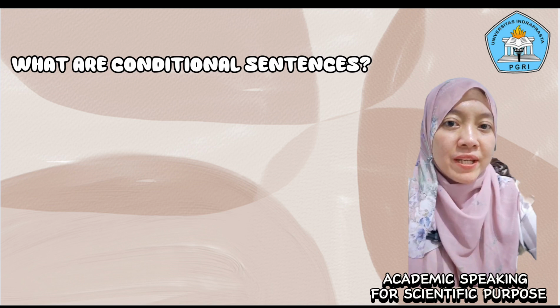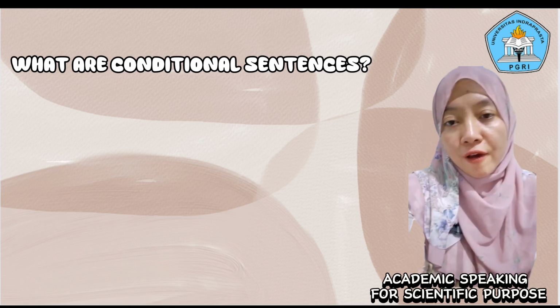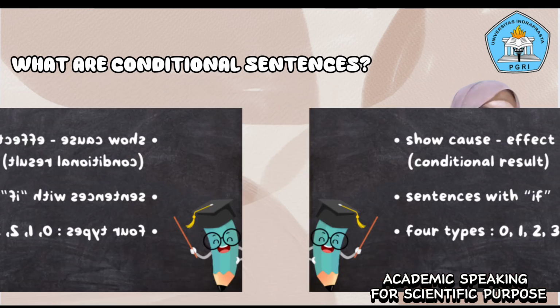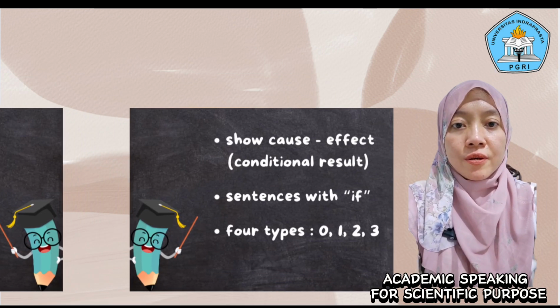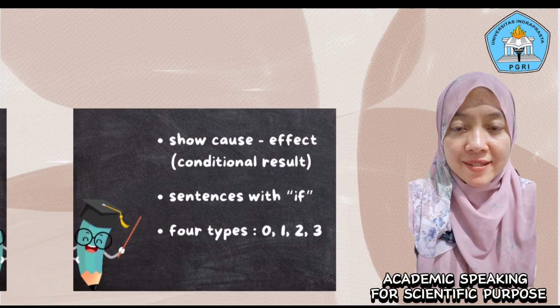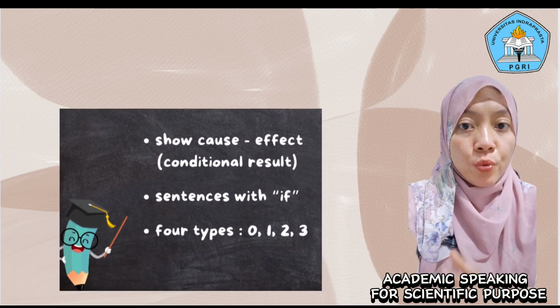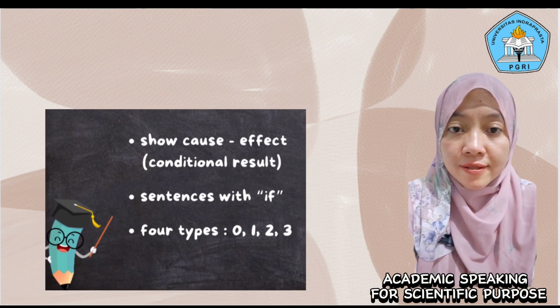All right, let's begin with what conditional sentences actually are. Have you ever said something like, "If I win the game, I'll treat you to lunch," or "If I had studied, I would have passed"? Well, those are conditionals. So, what are conditional sentences?